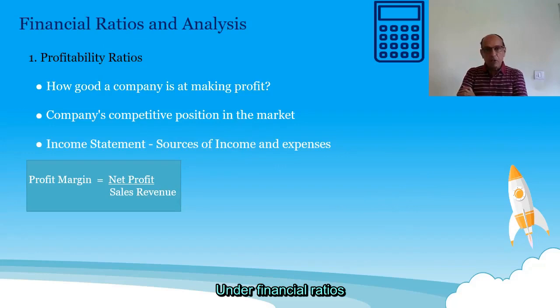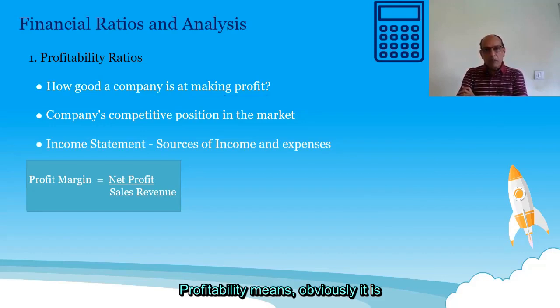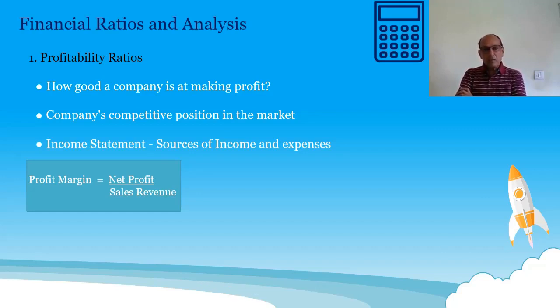Under financial ratios, the first is profitability ratios. From this we get to know how good the company is in making money. Profitability obviously is related to profit earned by the company. So how much profit does a company earn, what are its margins, and how fast does it make profit.